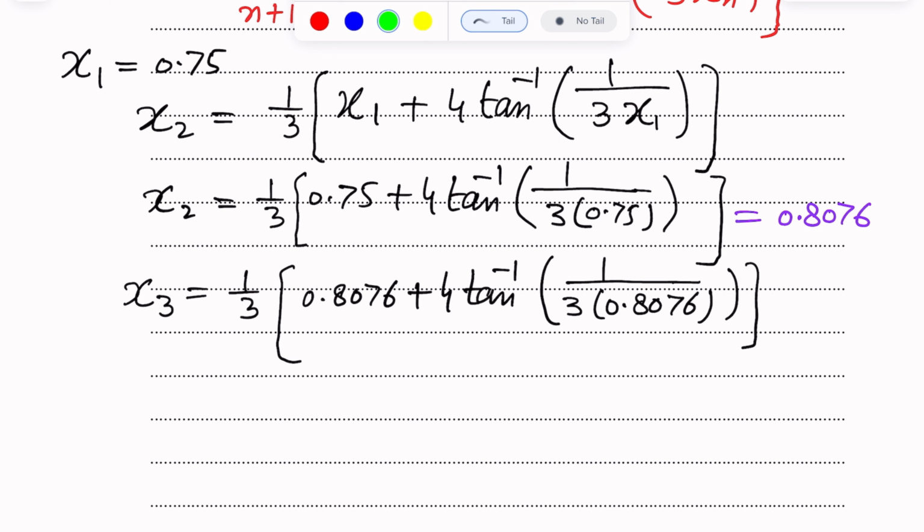After calculating this, we get the answer of the iteration correct to 4 decimal places, that is 0.7911.